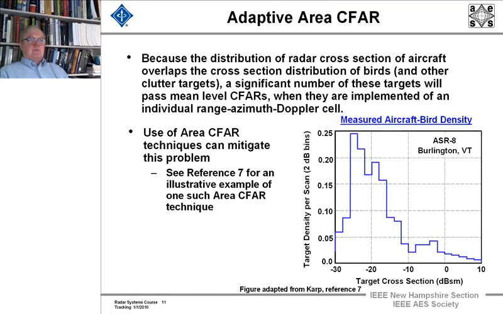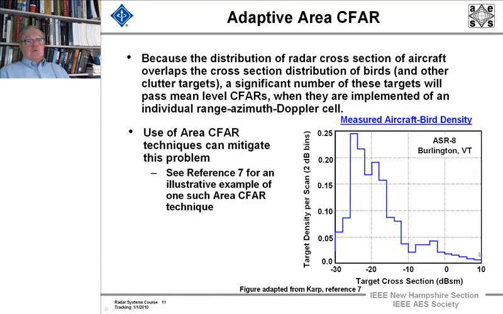That effort was led by the late Dave Karp and John Anderson, and is documented in reference 7 quite well. What they did, and I think that was done 25 to 30 years ago, is they developed a second generation of thresholding.